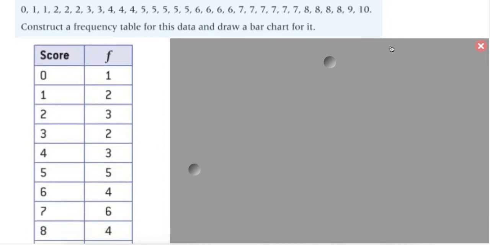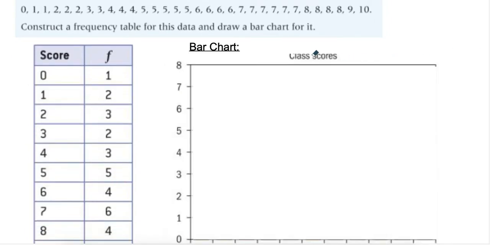Bar chart, you're used to seeing bar charts, but the one thing that you may not have realized before is that a bar chart is specifically for discrete data, whereas a histogram is for continuous data. Now, this data, even though it's quantitative, it's numeric, it's discrete, because you can get 0 or 1 or 2 out of 10, but the teacher who marked this doesn't give half marks or anything like that.